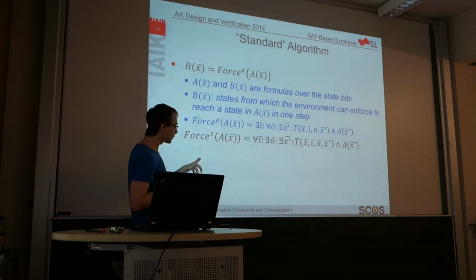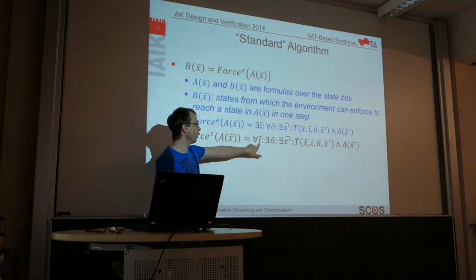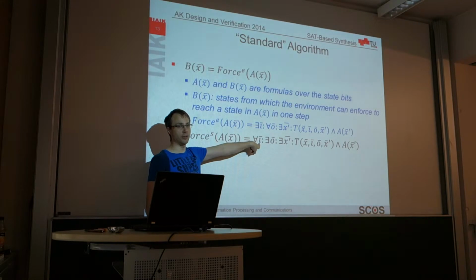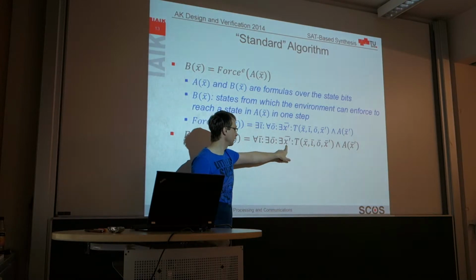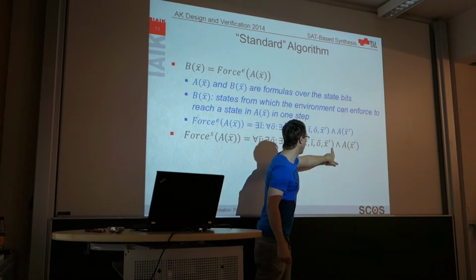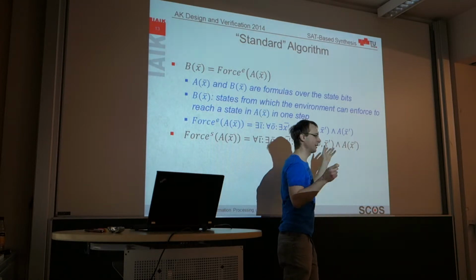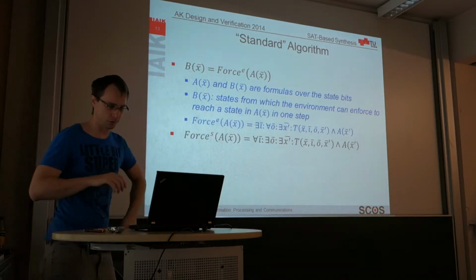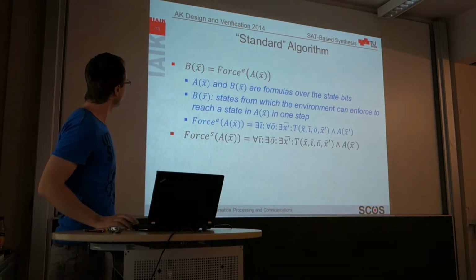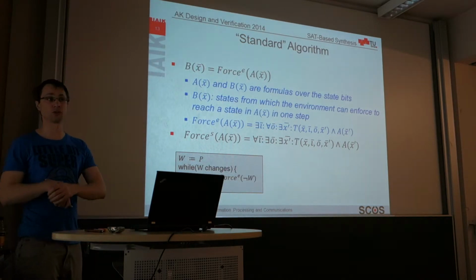So the system can enforce to reach A in one step if, no matter what the evil environment does with the inputs, we as the system can always find some value for the outputs, such that the next state, which is defined by our transition relation, satisfies the formula A, which means that we are in a state of the set A.